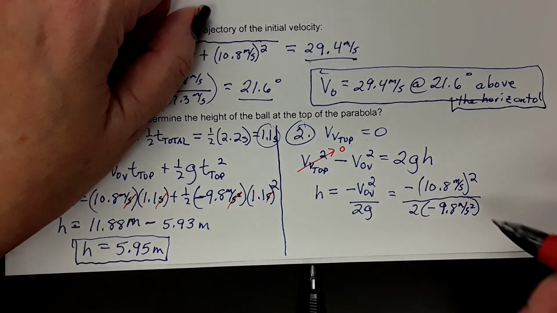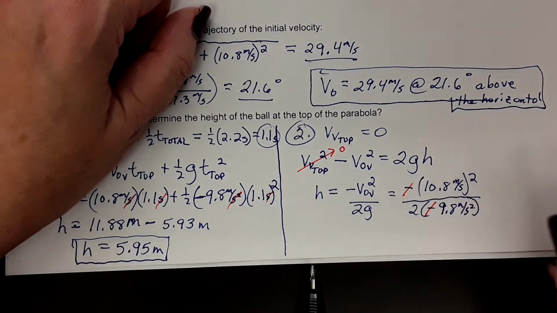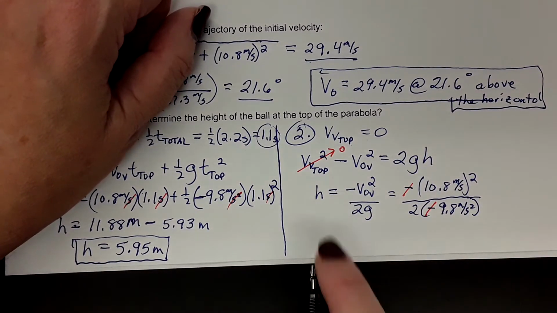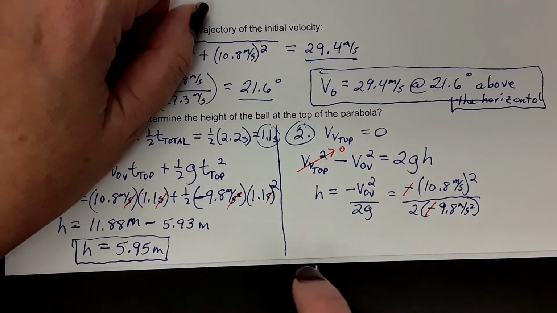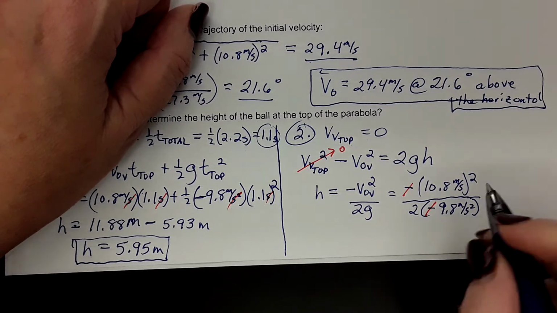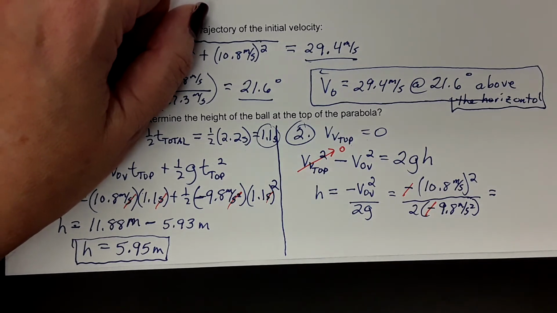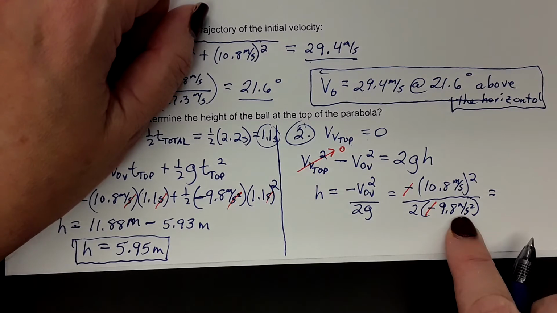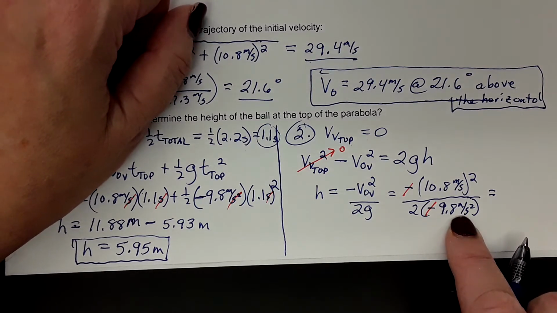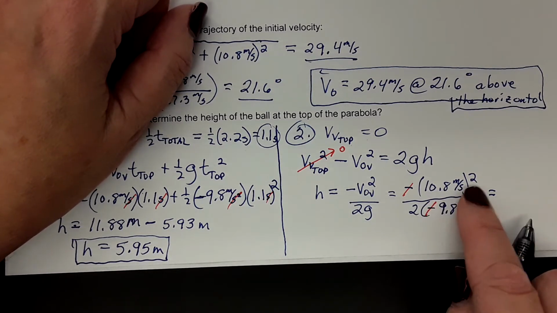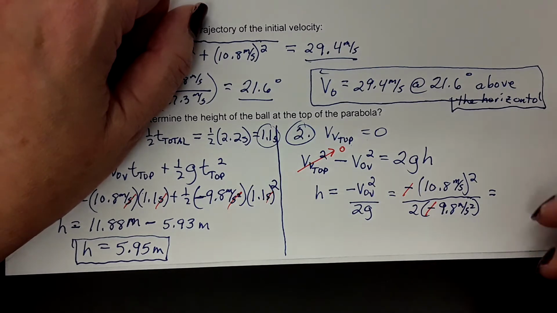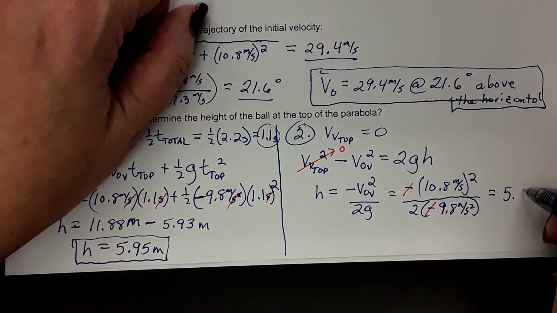Now look, your negatives cancel. That makes sense because you're going up to that height. That's a positive direction. Stick that into your calculator. 10.8 squared divided by 19.6. Guess what you get? You get 5.95.